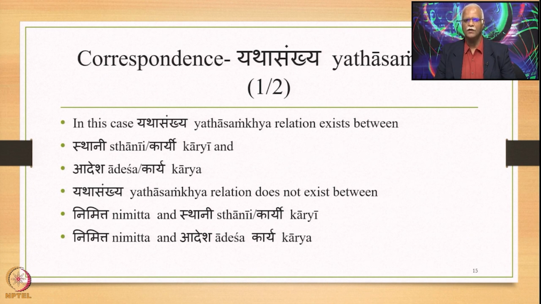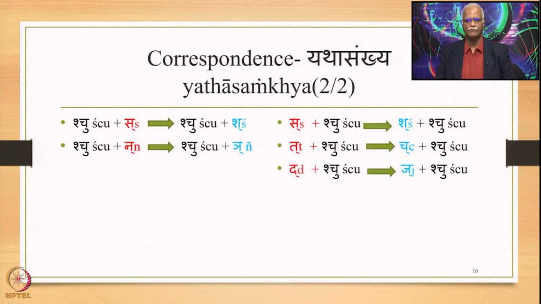It exists only between sthani or karyi and adesha or karya. So what it means is that if we have chu followed by sa, where this sa is para and this is purva nimittaka ekadesha, this sa will be replaced by the first sound in chu, that is sh.